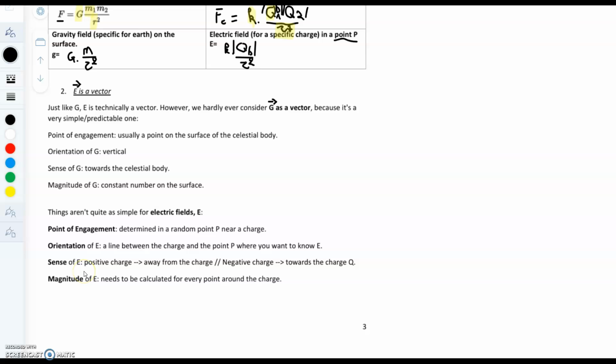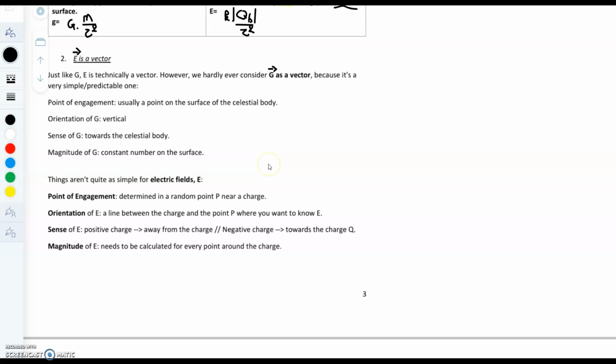So we have to make that distinction. And we make that distinction with the sense of the vector of E. Meaning, a positive charge means the sense is away from the charge, and a negative charge means the sense is towards our charge Q. And the magnitude of E, finally, can simply be calculated depending on the source charge in Coulomb and the distance in meters.